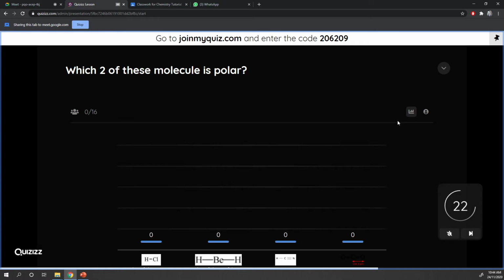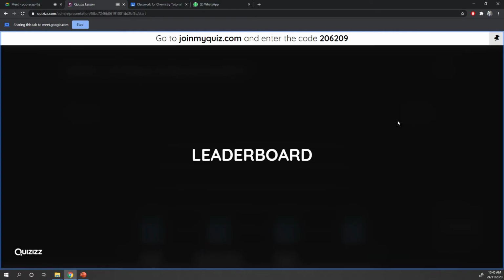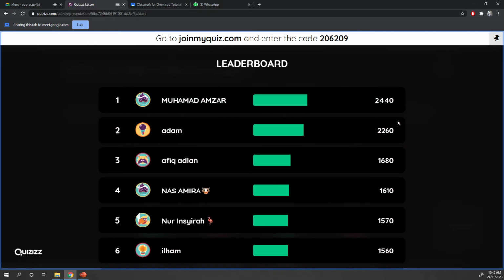Of the molecules, two are polar and two are non-polar. So remember which can cancel and which cannot cancel. If it can cancel, it becomes non-polar because they cancel each other. And I'm just saying that beryllium is 1.57 and hydrogen is 2.2.